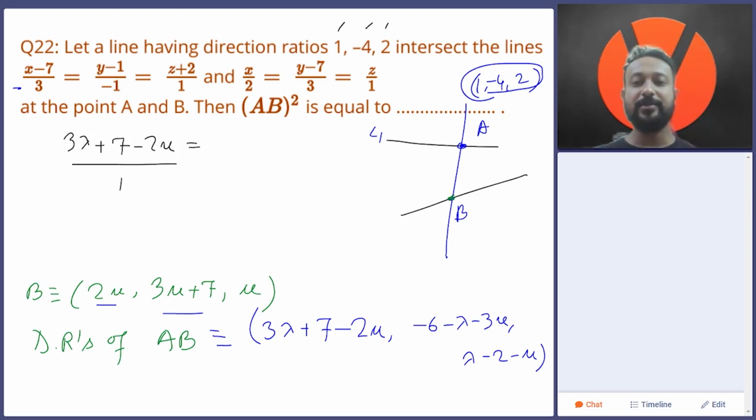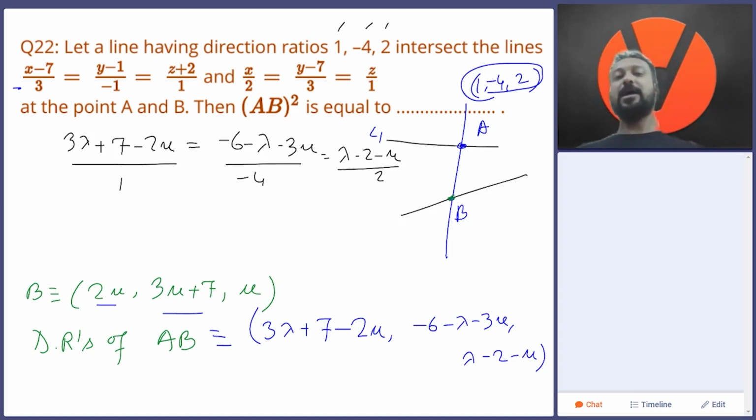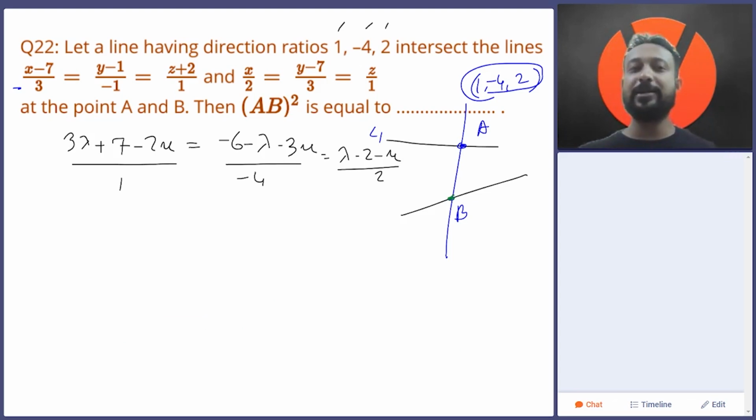That should be equal to minus 6 minus lambda minus 3 mu divided by minus 4. That should be equal to lambda minus 2 minus mu by 2. I will compare them and find two equations in lambda and mu and then solve them to find lambda and mu. Once we find lambda and mu, we'll find the point and then use the distance formula.